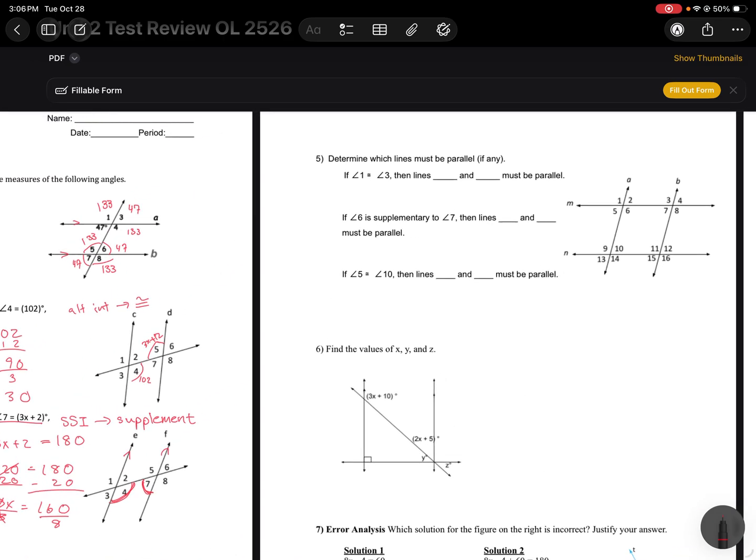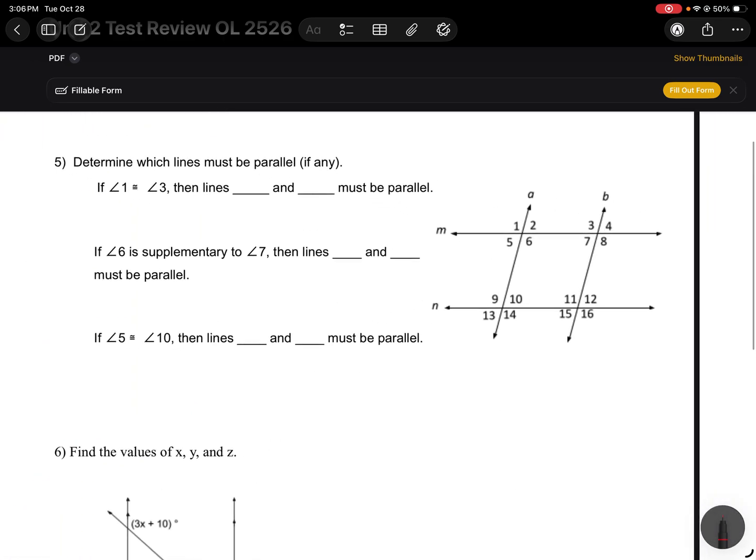That means that these two combined, 90 degrees. Angles 1 and 3 are congruent, and these are corresponding. So this tells me that these two lines are parallel, which are lines A and B. So A and B are parallel.